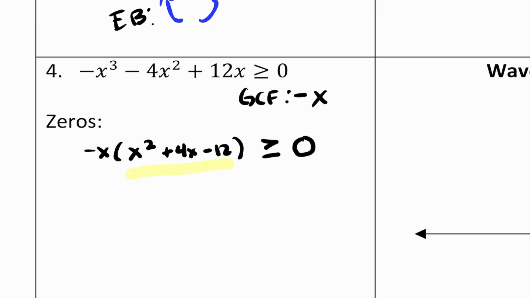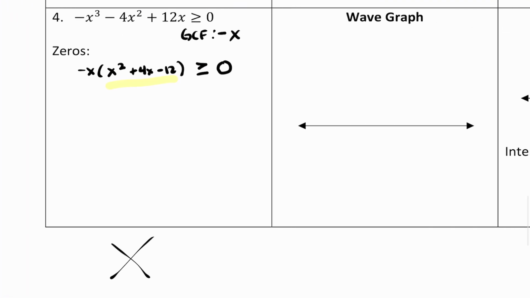So here, this is where I'm going to use the x method. So -12 up top, +4 down below, and the two numbers are 6 and -2. So I'll write -x times x plus 6 times x minus 2, which is greater than or equal to 0.